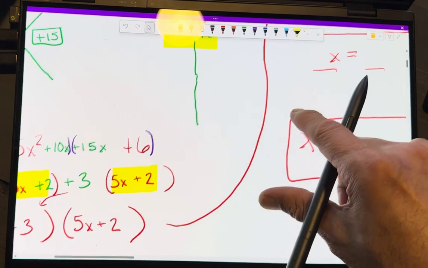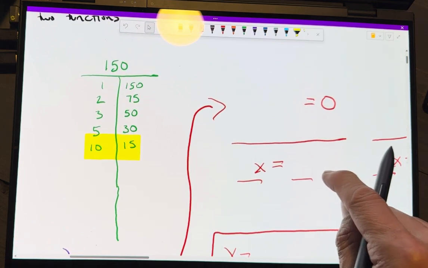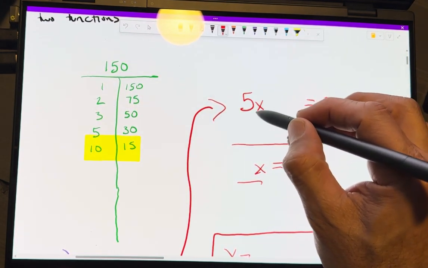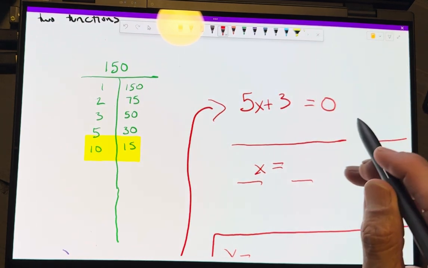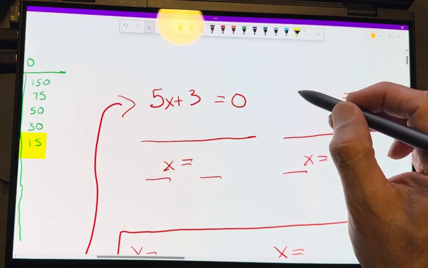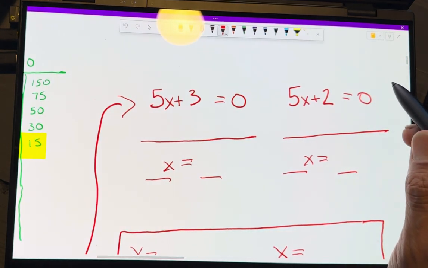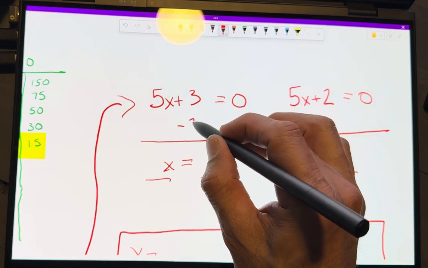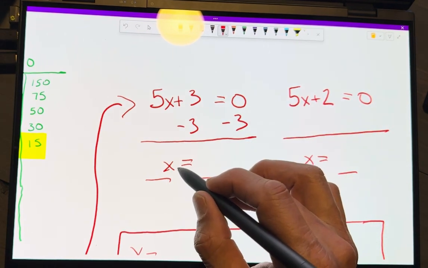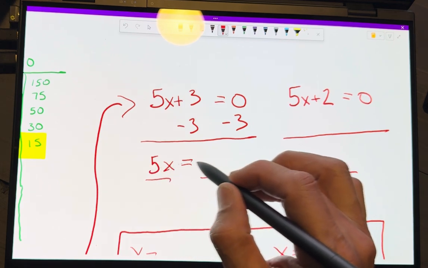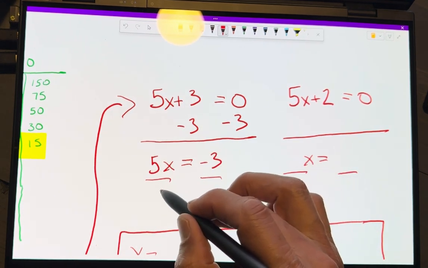Okay, let's finish this. Now we're just going to solve for the x's. 5x plus 3 and 5x plus 2. Subtract 3, subtract 3. So I got 5x is equal to negative 3.